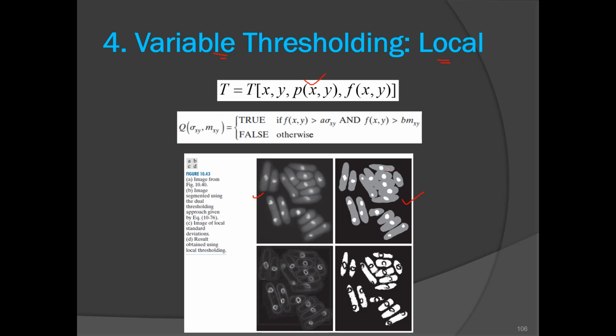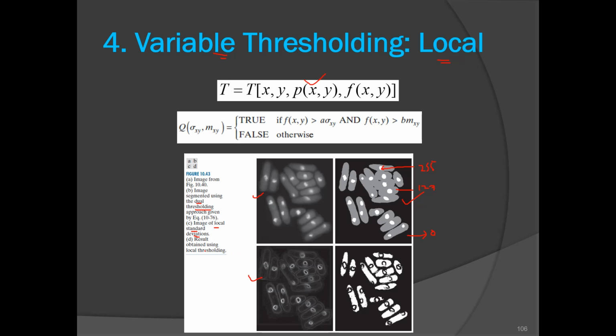As you can see, for this we have set the intensity value as 255, for this we have set the value as 127, and for this we have set the value as 0. So this is the result of dual thresholding, multiple thresholding, and this is the image of local standard deviation.